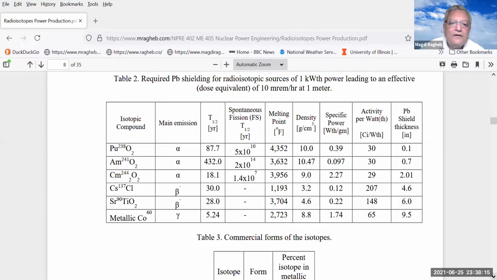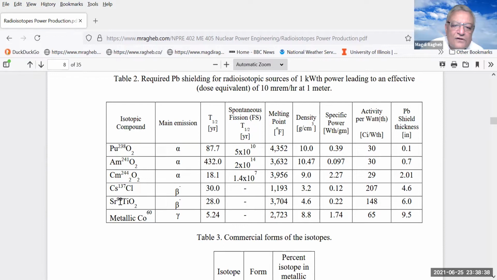In any case, the chemical form for plutonium-238, as I mentioned earlier, is plutonium-238 oxide. Cesium-137 uses chloride, and strontium-90, to take a very high temperature, uses basically titanium oxide.